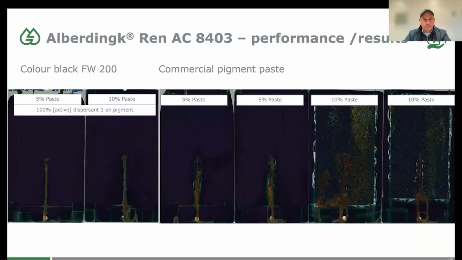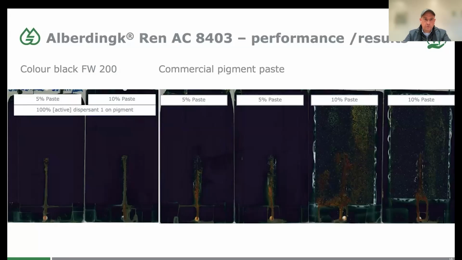So we've spent a lot of time searching for ways to make literally any color in water-based and maintaining the C5 corrosion resistance level. So what we thought then was we need to investigate commercial pigment preparations, because that's what most people will use. But we will also have to investigate what's the impact of the pigment choice and the dispersion choice on the corrosion resistance if you make a colored anti-corrosive coating.